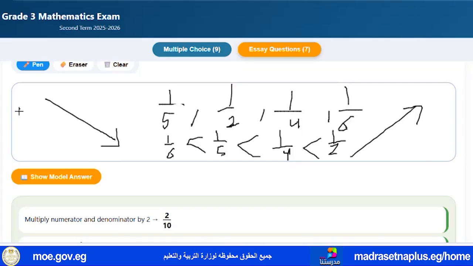We start with 1/2 greater than 1/4 greater than 1/5 greater than 1/6. You can see upstairs, like this one, upstairs, ascending, least, most. Downstairs, descending, most, least.